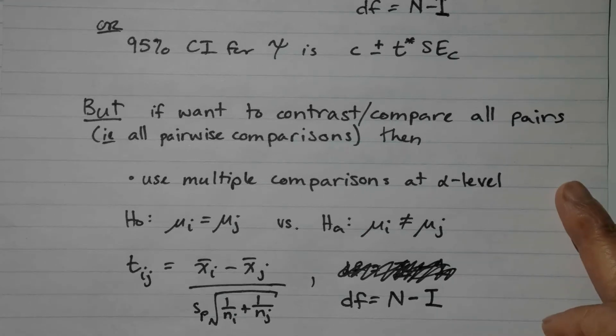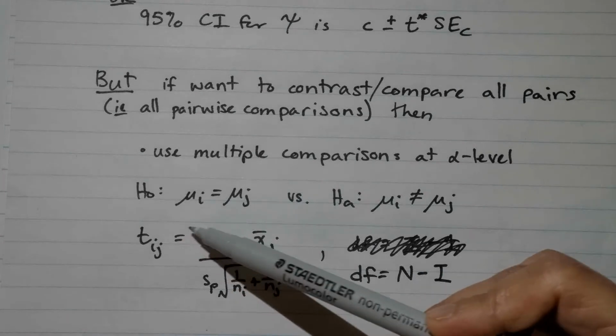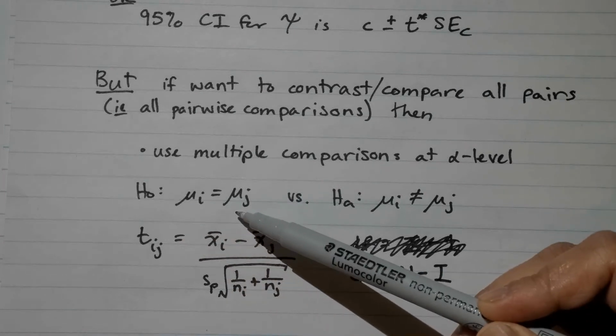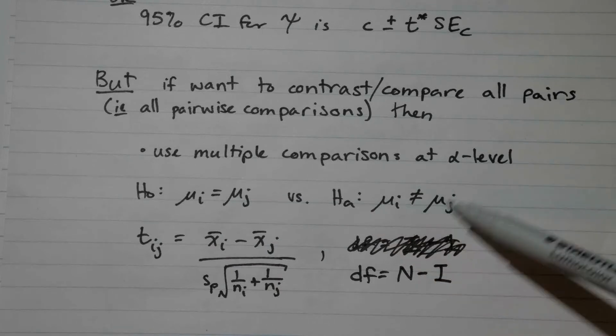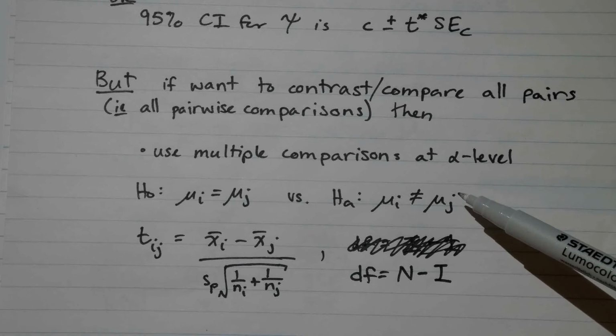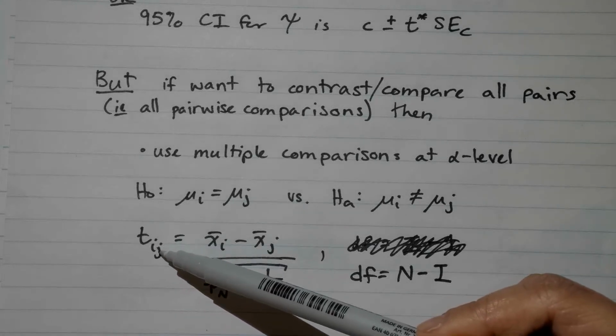The way that those tests would work is that the null hypothesis is that mu_i is equal to mu_j, where i and j are not equal, versus the alternative that mu_i and mu_j are not equal. For the test statistic, we use T_ij just so we know that it's i minus j.